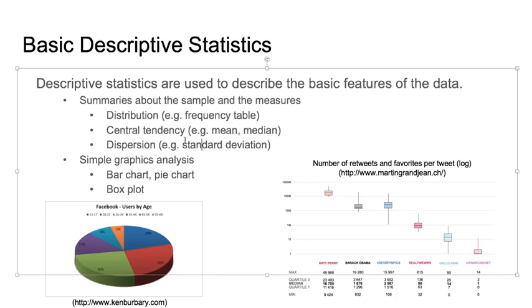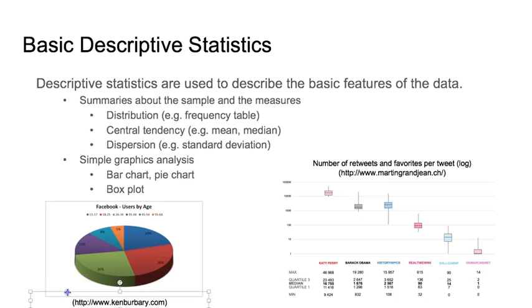Now, of course, in addition to numbers, we can also visualize these things. Here's an example where there is a pie chart, and you may have seen this kind of chart where Facebook users are represented by age, right? Different colors here indicate a different age range, and here's the accumulation of those things.